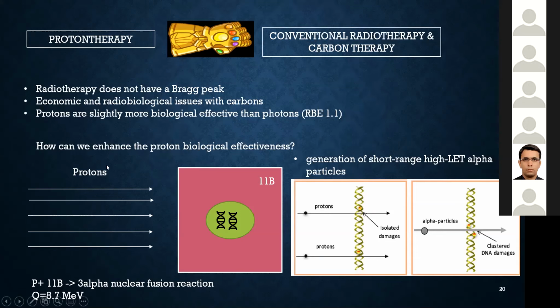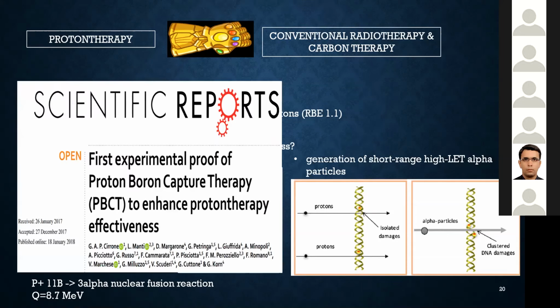So the alpha particles produce more clustered DNA damage. So we see that this can enhance the radiobiological effect. And our team did the first experimental proof of this to enhance the proton therapy effectiveness, but now it's the time to do simulations about this at the DNA scale, to see what happens.